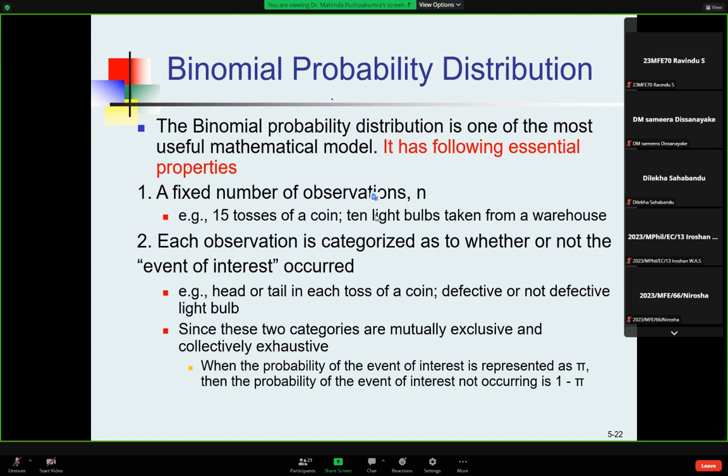That means if you toss a coin 10 times, then each time the probability you receive head or tail is 0.5. Then the observations are independent. The outcome of one observation does not affect the outcome of others. That means each observation is independent.